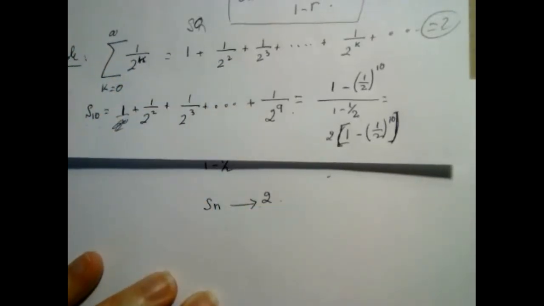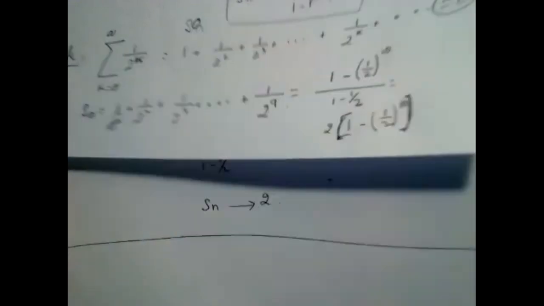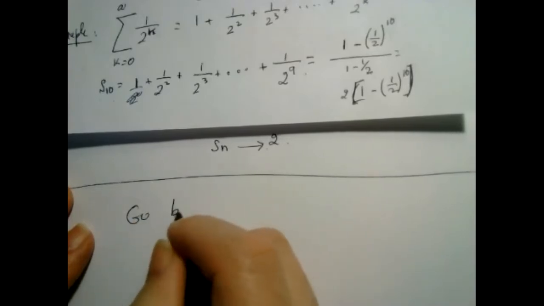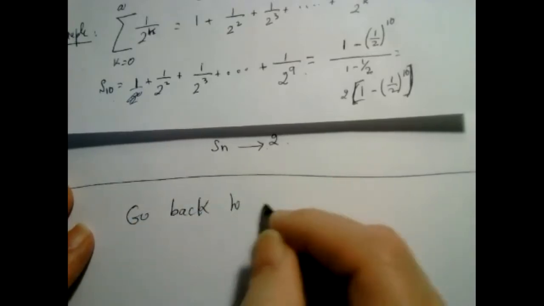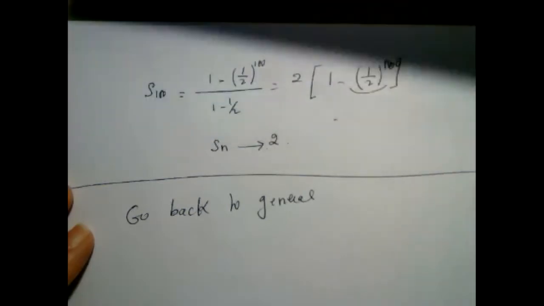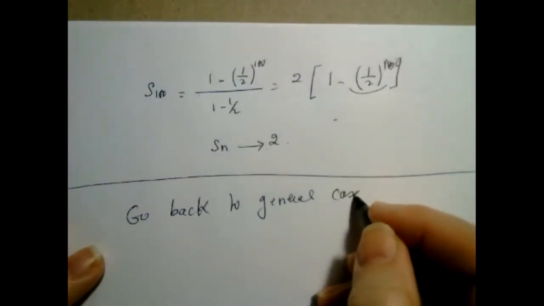Now we're going to see the theory in general. What's happening in general? So let's go back to the general case. Could you show what you got for the second one again? Right there. Thank you. Okay, let's go back to the general case.